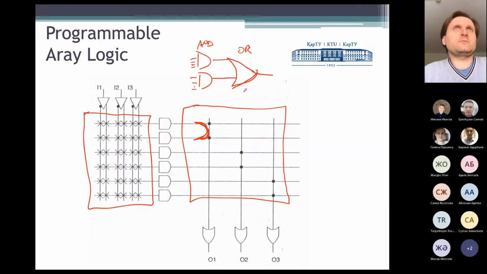AND is some kind of arithmetic representation of multiplication, OR is similar to adding signals. So based on that assumption, we may choose the inputs and next summarize in logical, not in arithmetic, in logical form, and we may, based on that system, design also any logical digital system.